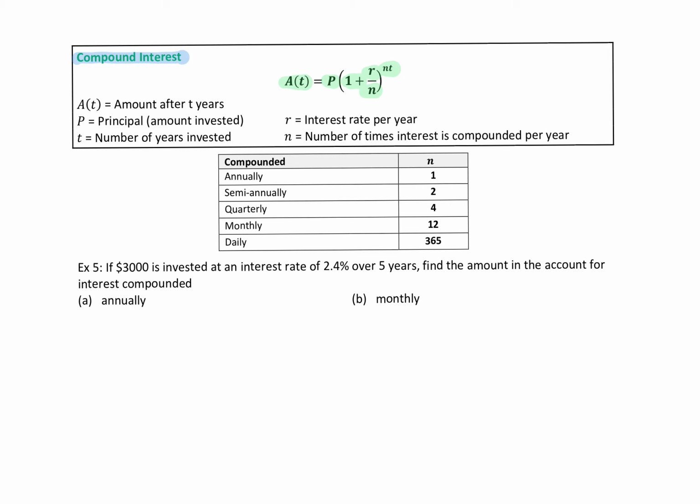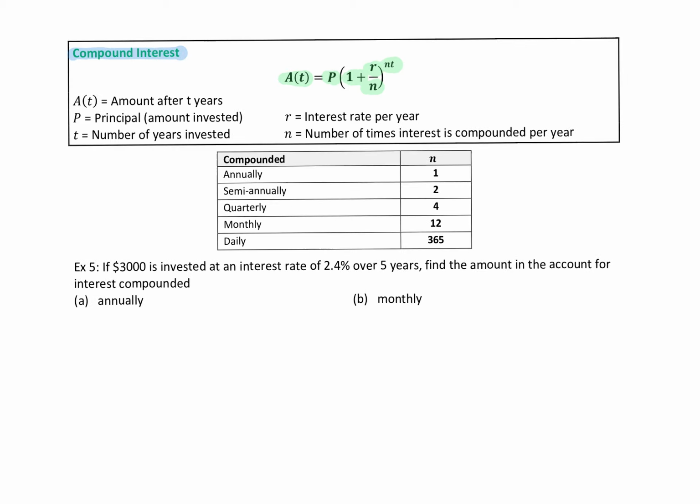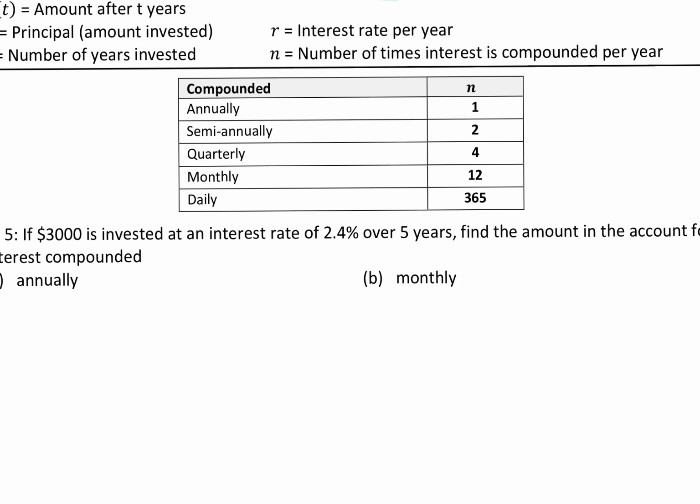But first of all, we want to talk about some language here when we talk about how many times we compound interest. So if you see the word annually, that just means that you're going to figure out the interest once per year. So the n would be 1. So n is how many times you compute the interest, or we say compounded per year.